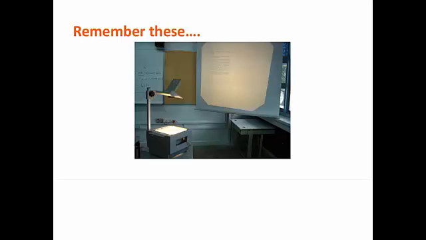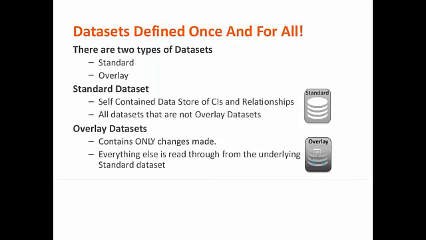So it works just like an overhead projector where you have an acetate sheet and you place more sheets on top of it in order to build up the whole picture. That is how overlay data sets are used. As I just said, it contains only the changes and it reads everything through from the underlying information.